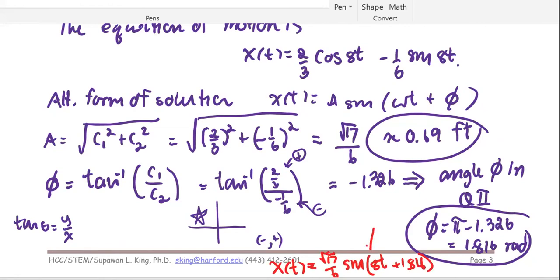Okay, so the period is 2 pi over 8, or pi over 4. So it takes pi over 4 to complete one cycle, and this is the period. And the frequency is the reciprocal of the period, which is 4 over pi.